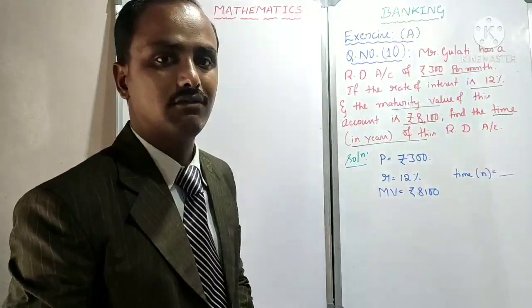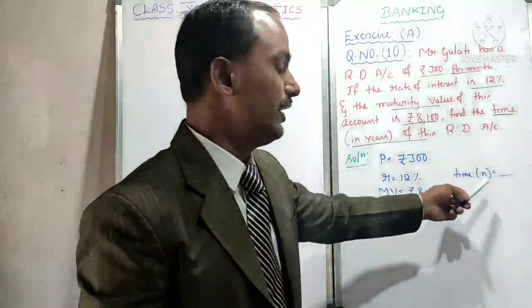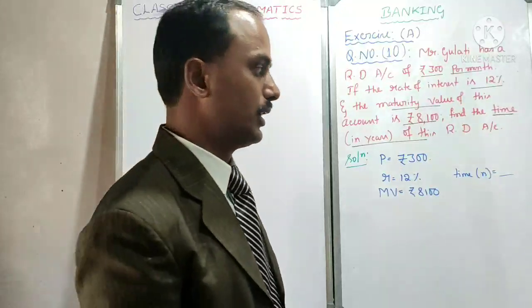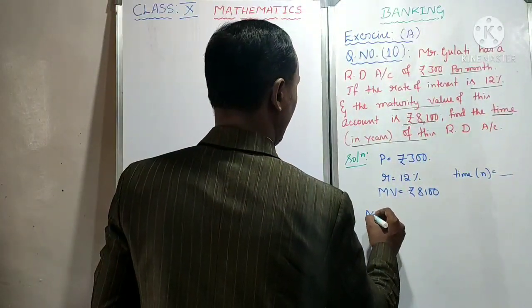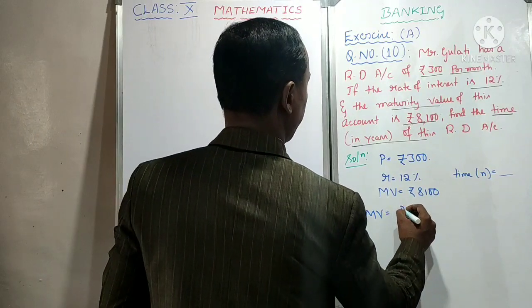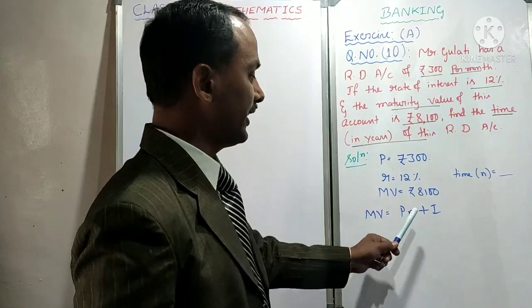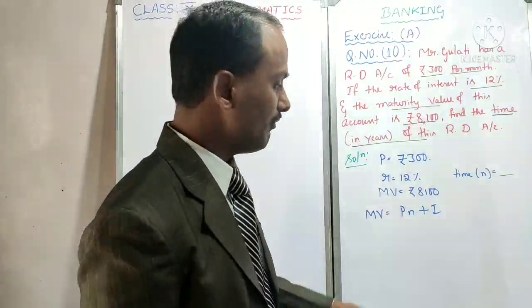For this type of problem, to find the time n value, you take the complete maturity value formula. Observe carefully. Maturity value is equal to Pn plus I. We want the n value, and in the interest formula also n will come.